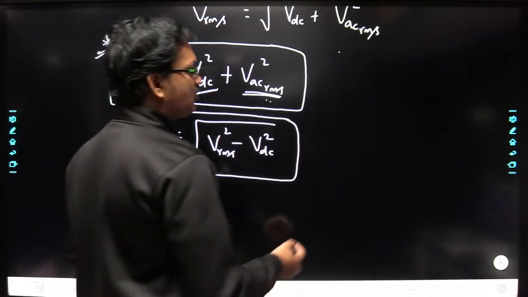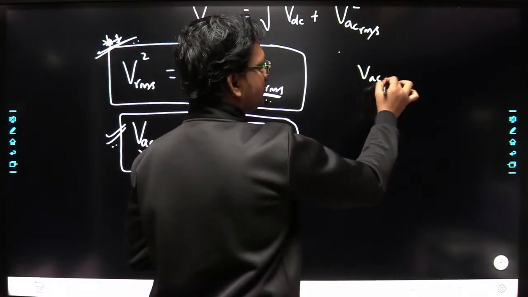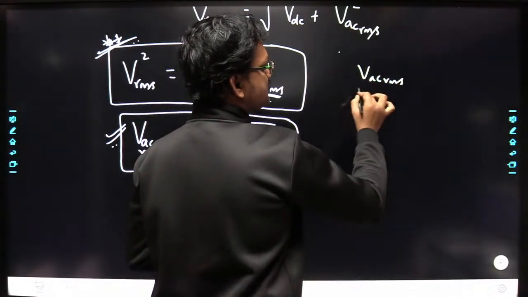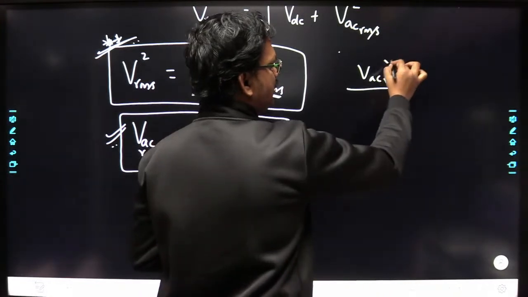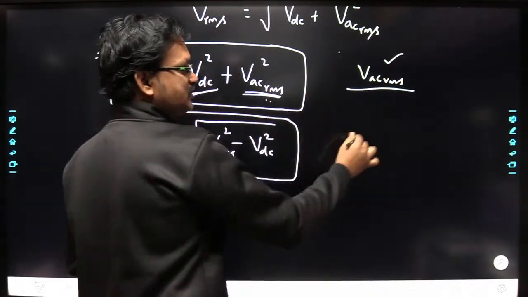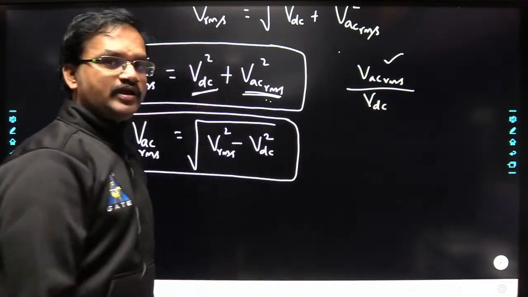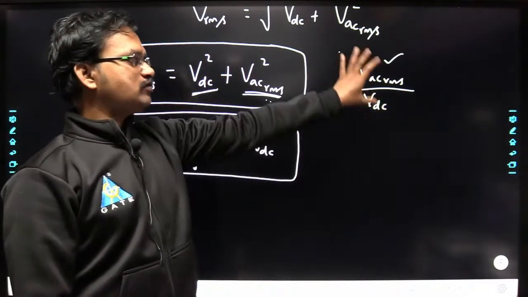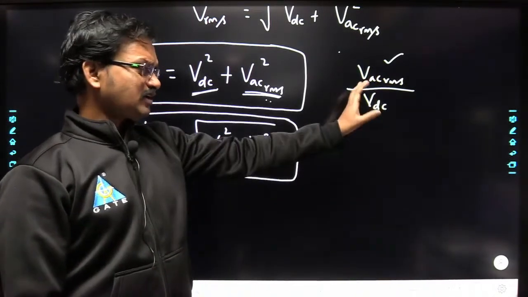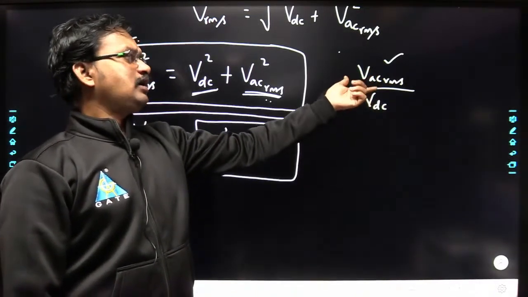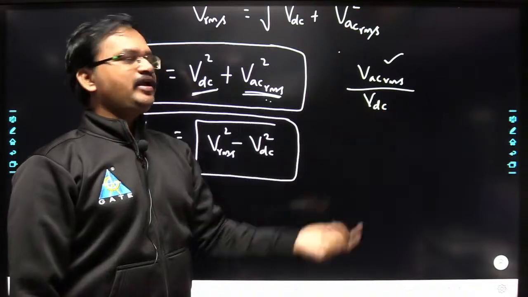See, if you want to compare the AC signal and DC signal, then you can write V_AC RMS by V_DC. This is going to give you the comparison between V_AC RMS and V_DC.